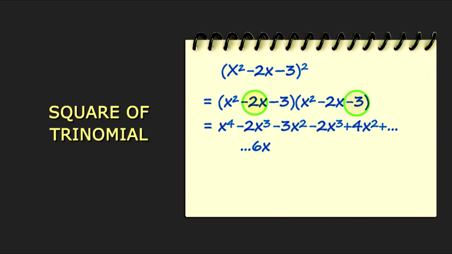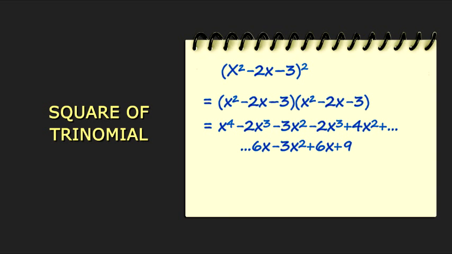After that, let's go to negative 3 multiplied to x squared to become negative 3x squared. Then, negative 3 times negative 2x equals positive 6x. And lastly, negative 3 times negative 3 is equal to positive 9. Now, you have to make sure you keep track of all the terms, so we have 9 terms altogether.